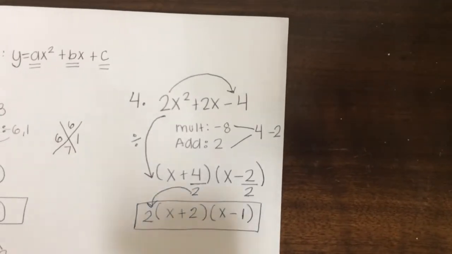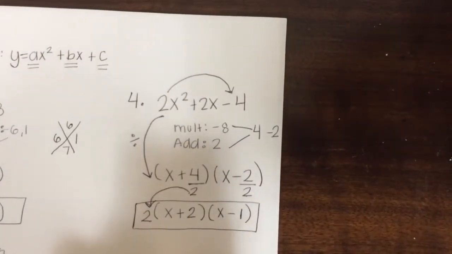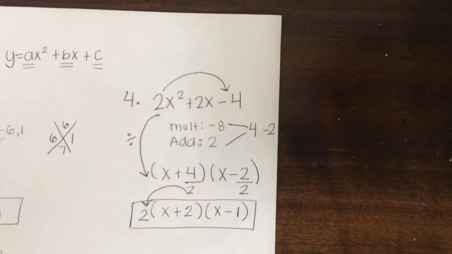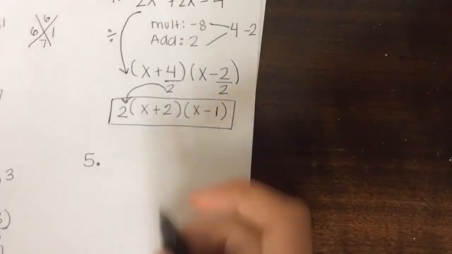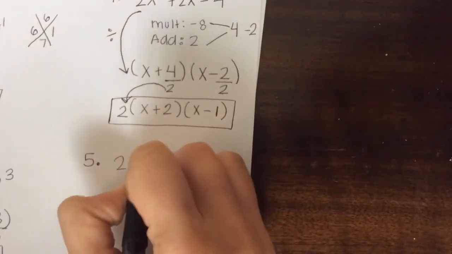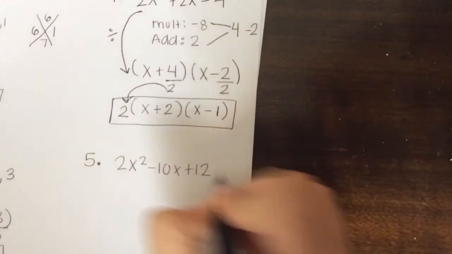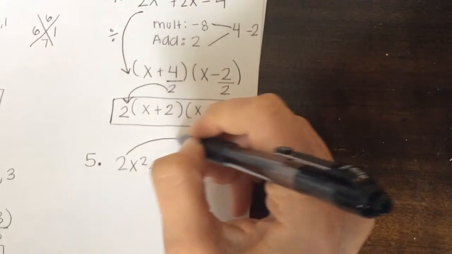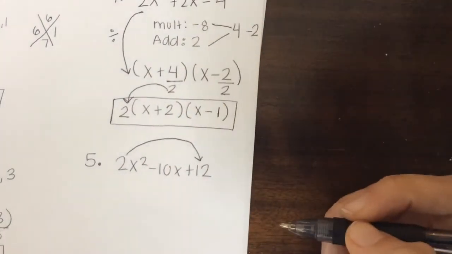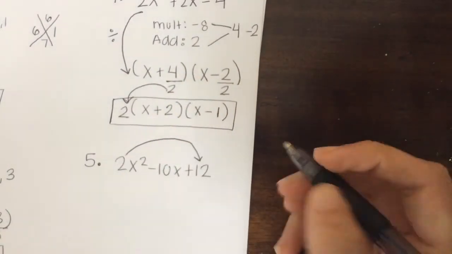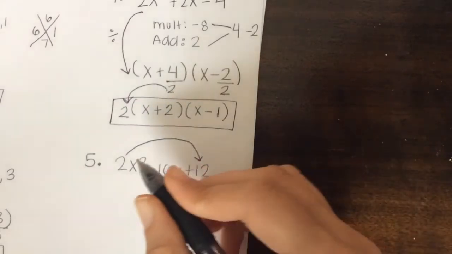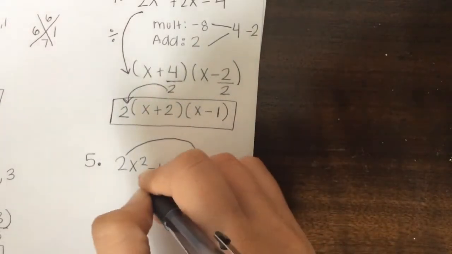I'll show you that one more time before we're done. So we're going to do one more together. 2x squared minus 10x plus 12. The 2 slides back. So 2 times 12 is 24.